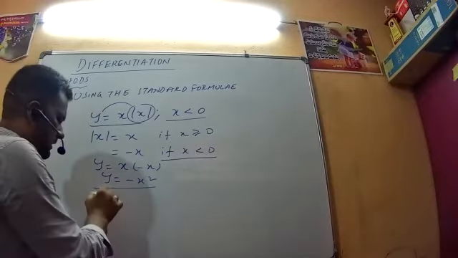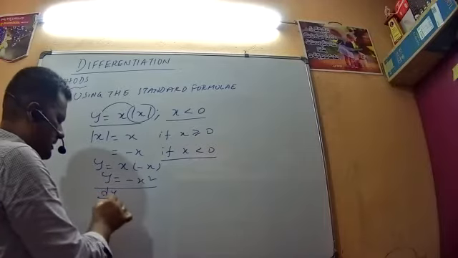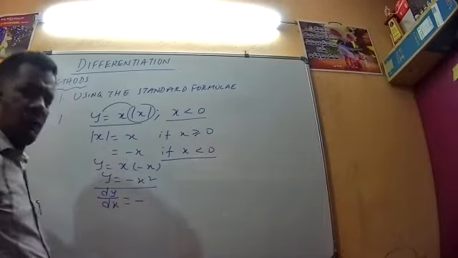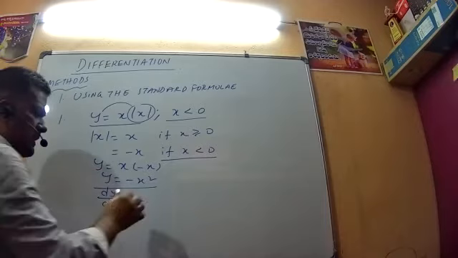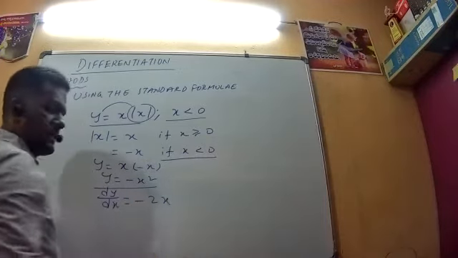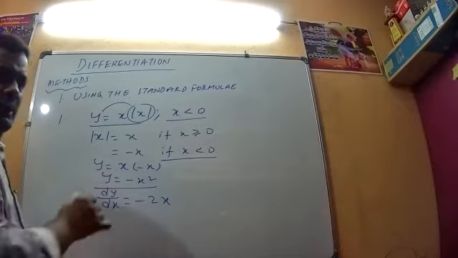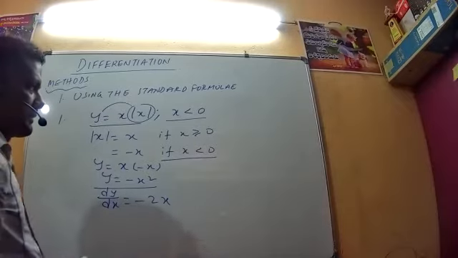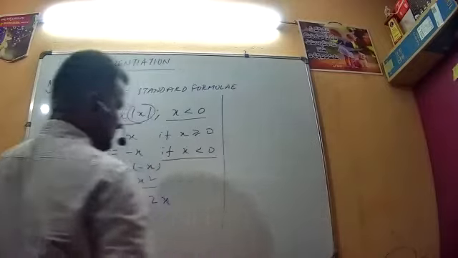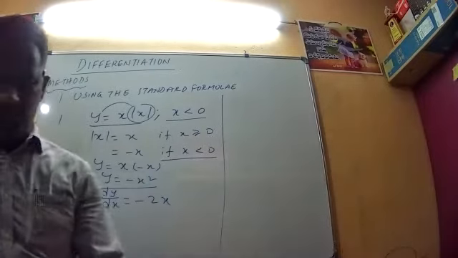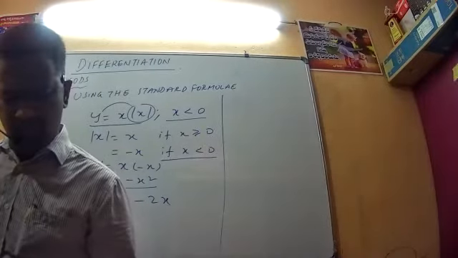So dy by dx is minus of the derivative of x square, which is 2x, since the derivative of x power n is n into x power n minus 1. In this way we will do the problem.